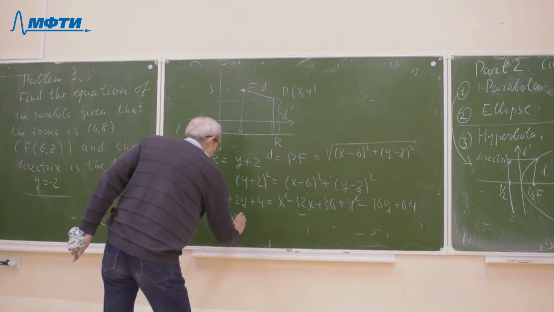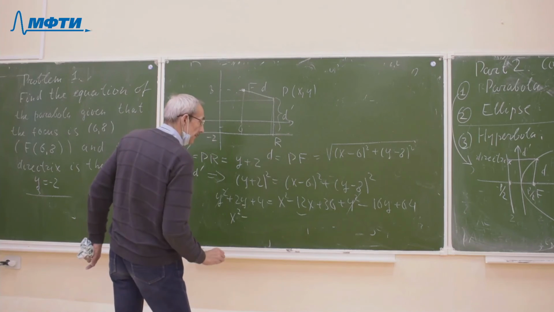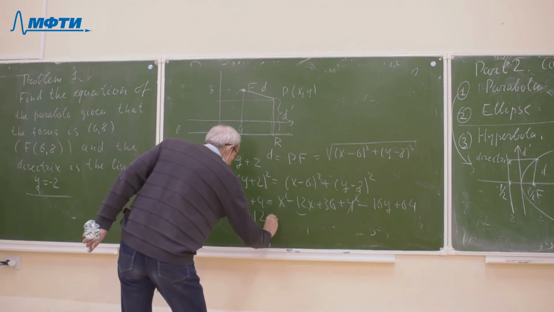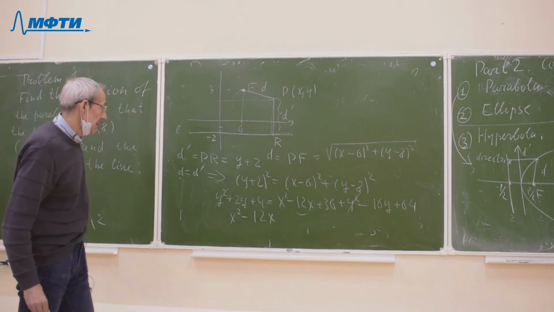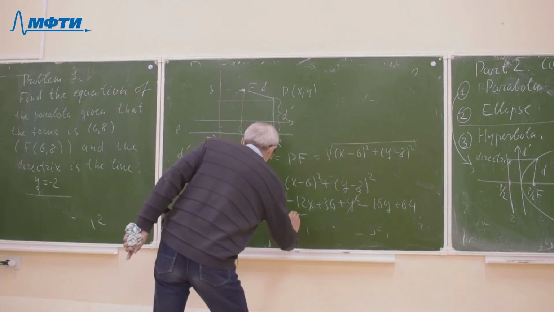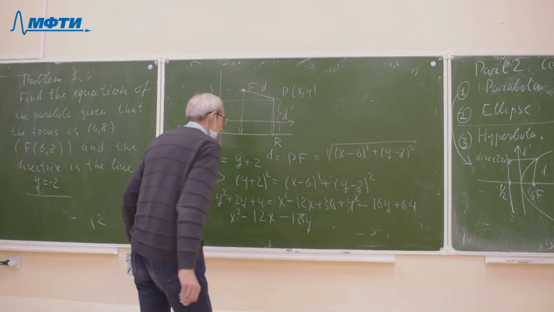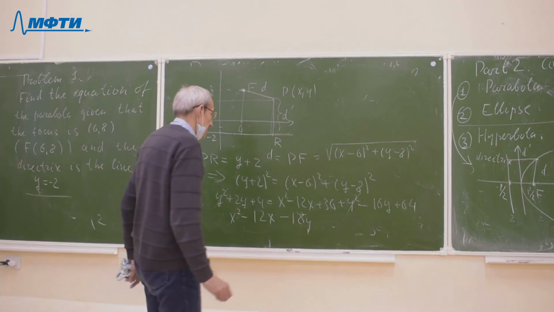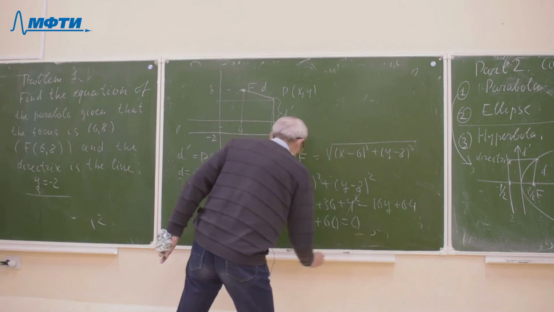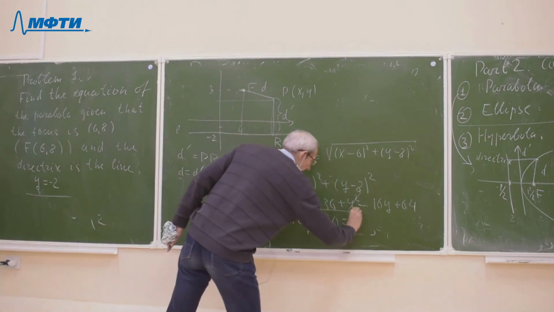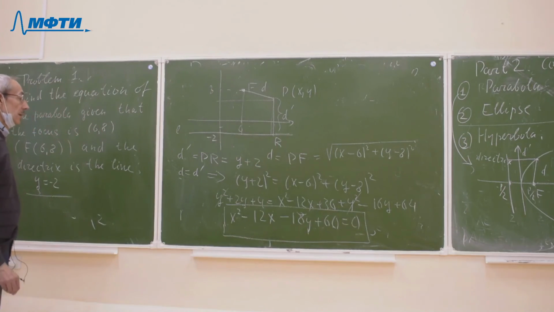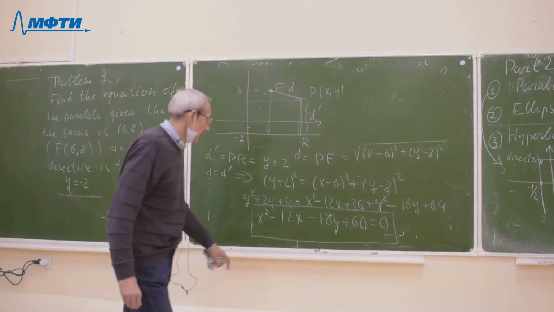x square minus 12x minus 20y plus 96 is equal 0. This is the equation of a parabola.